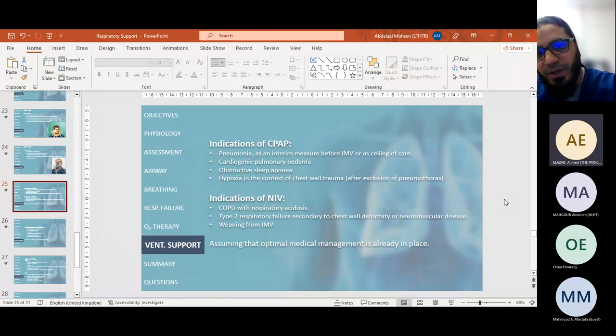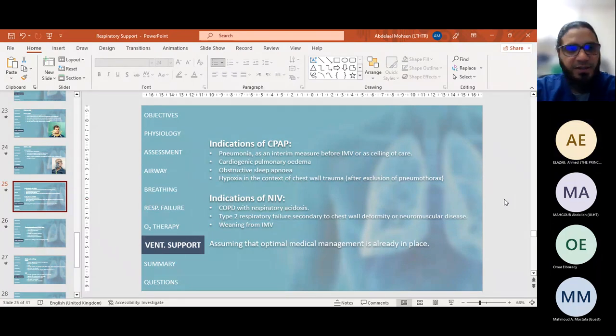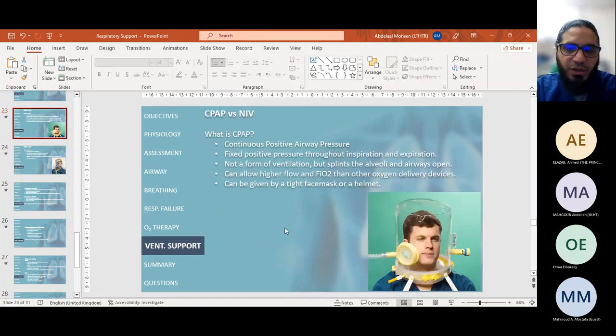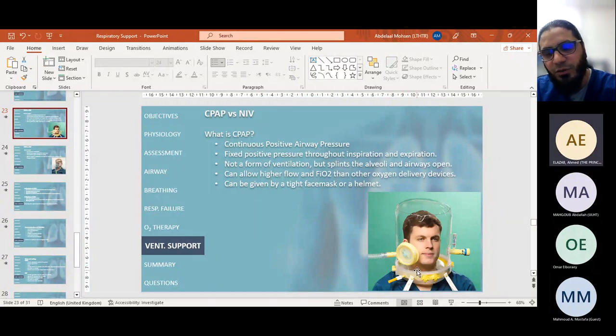The hood in this picture is used only for CPAP because the high flow will go inside this hood, and it will make some sort of pressure. And if you can see this valve, the yellow one.